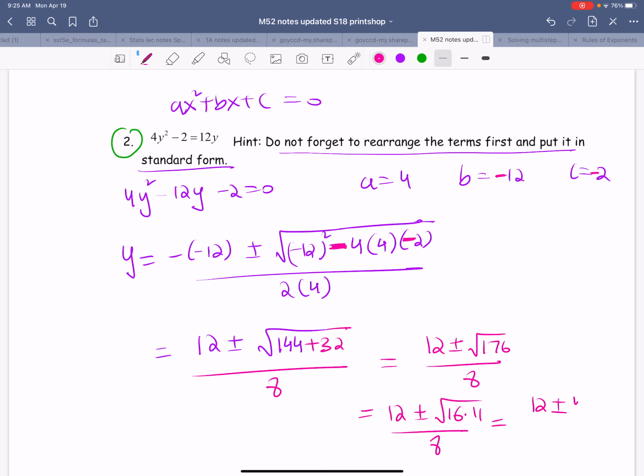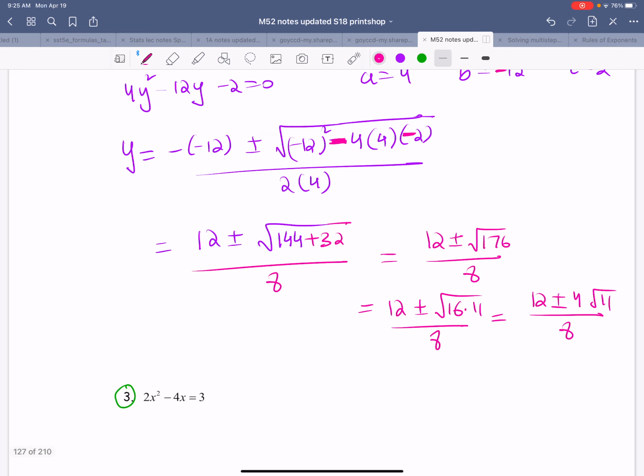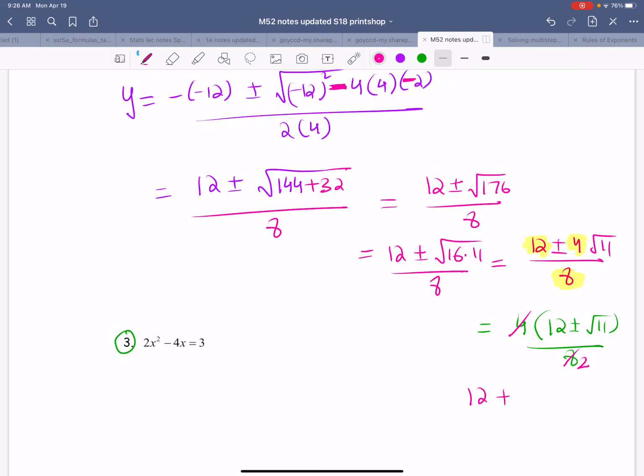That means I can pull out a 4 from the square root. Now I'm going to try to simplify it further. I see a common factor. I see a 12, 4, and 8. There is a common factor, so I'm going to factor a 4 out from the numerator and cancel the 4 with the 8 in the denominator. So my final answer turns out to be 12 plus minus square root of 11 divided by 2.